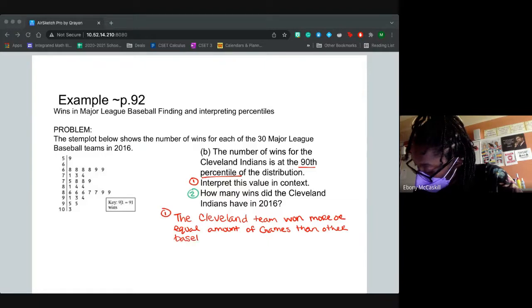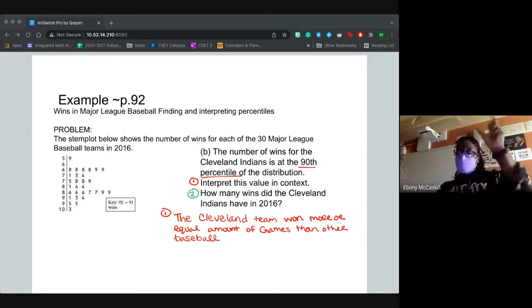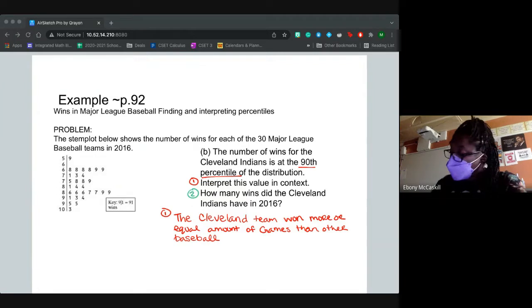Now notice how in this case, I put the Cleveland team first, so therefore I said that they won more.